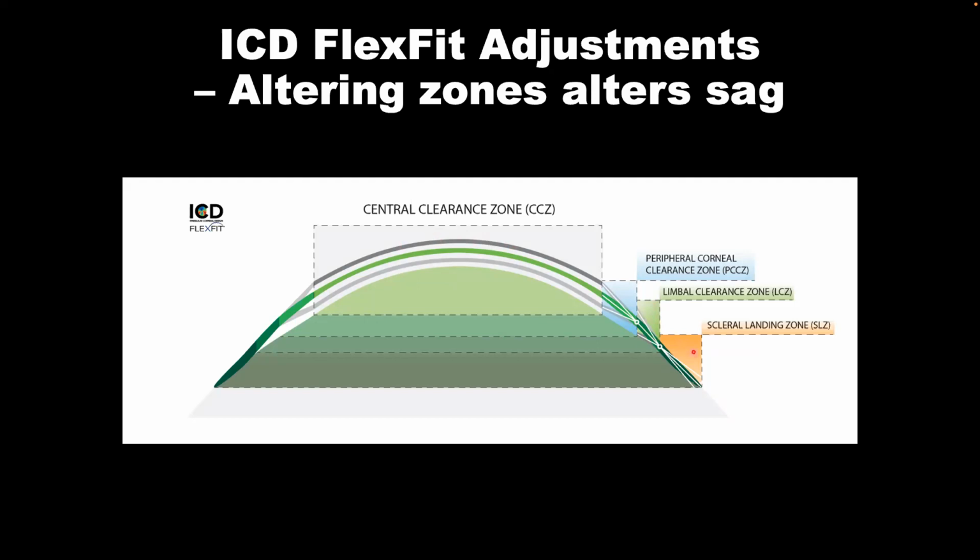But this won't change the scleral. If you change the scleral landing zone, this will affect limbal, peripheral, and central, just to maintain a good relationship between those changes, right? So as you can see, you can go up or down, up or down, up or down.